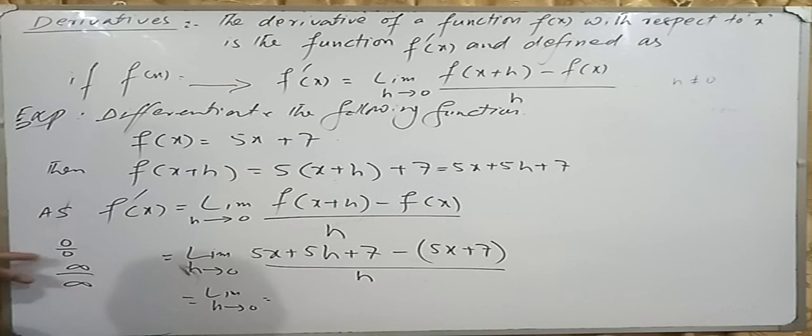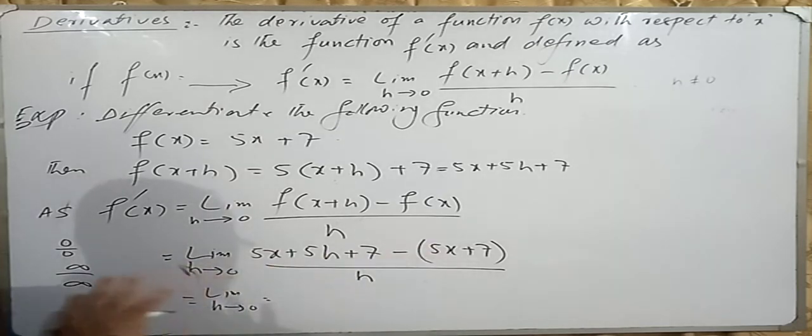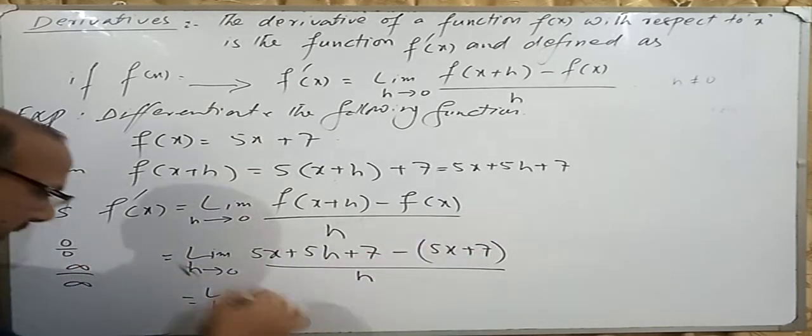If you get these two forms in the limit as a result, that will not be acceptable. That's why you have to avoid these two forms, 0 over 0 or infinity over infinity, in calculation. That's why we have to do simplification first.